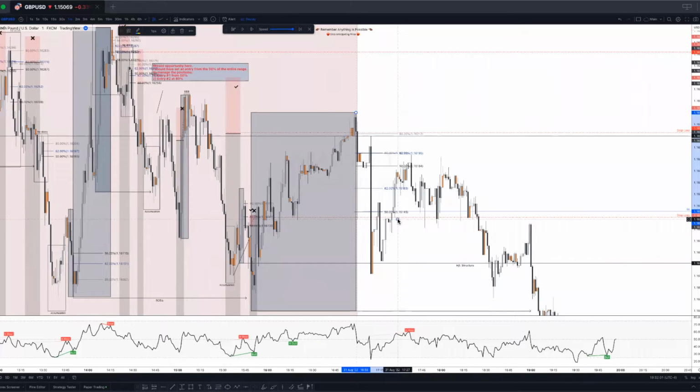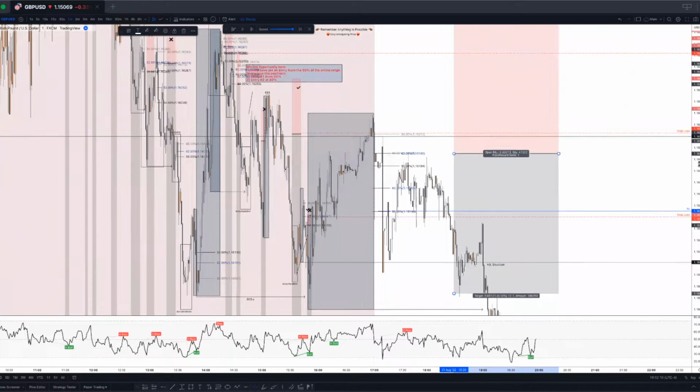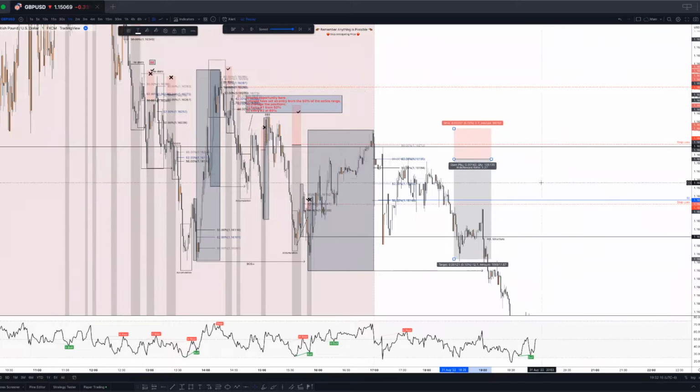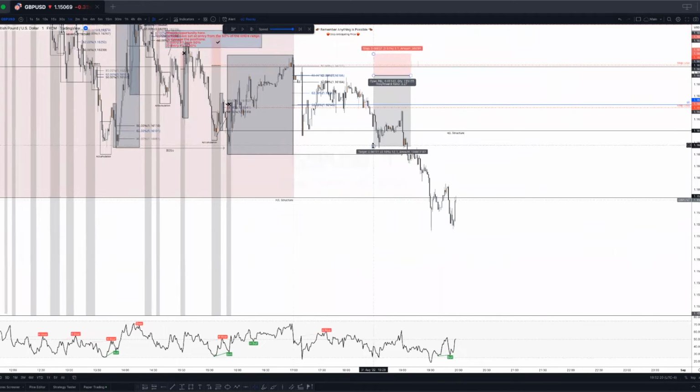So this is where I would look to take another short, because I have confluence. Let's see if it gets triggered.